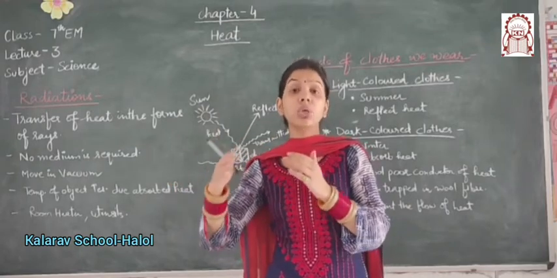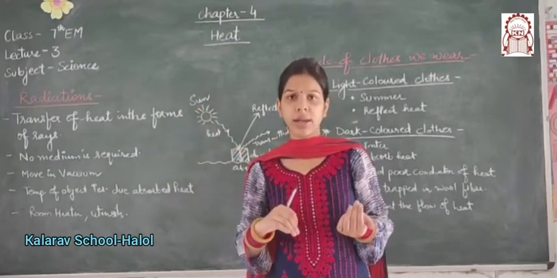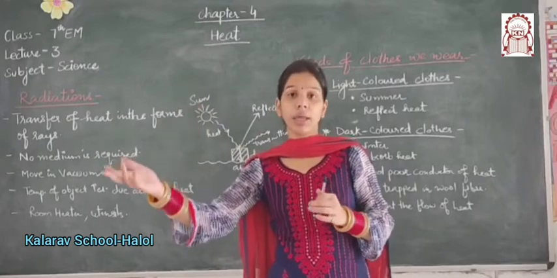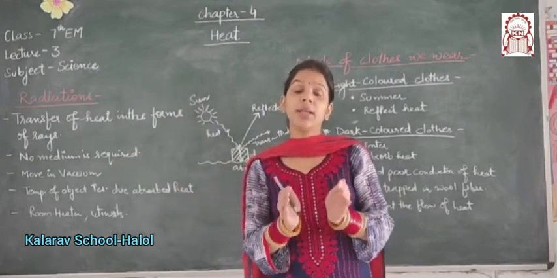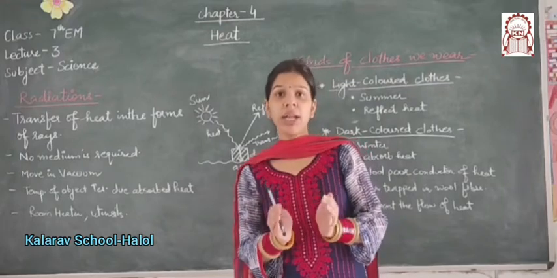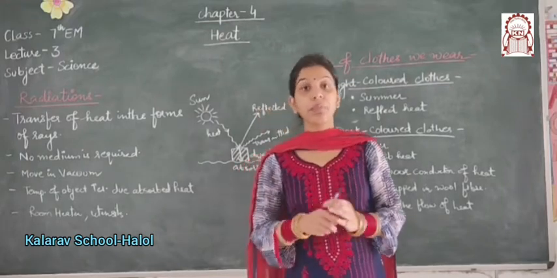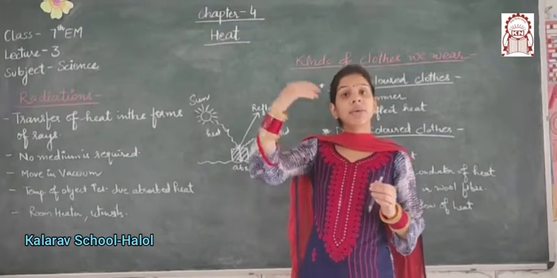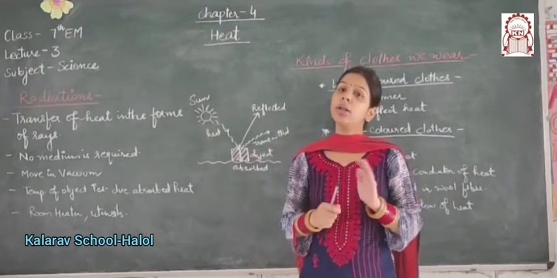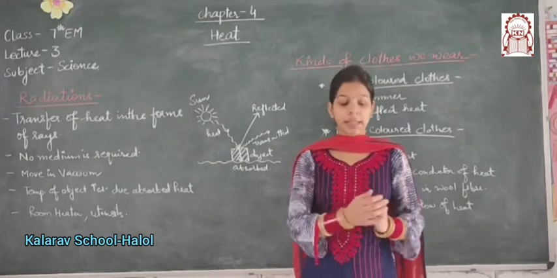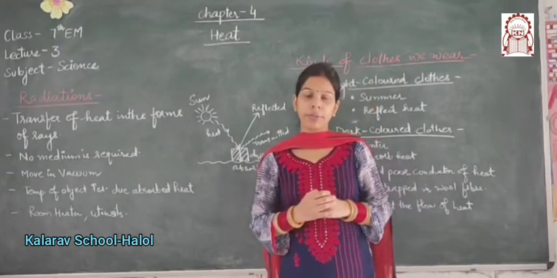The surrounding is colder than that utensil, so it gives heat to the surrounding. In this way, by giving heat, that object decreases its temperature and becomes cooler. So the heat is given in the form of radiation. It requires no medium at all.